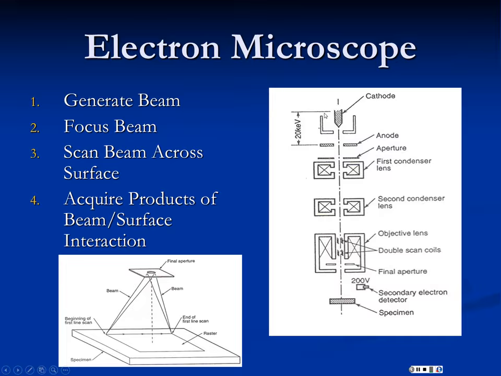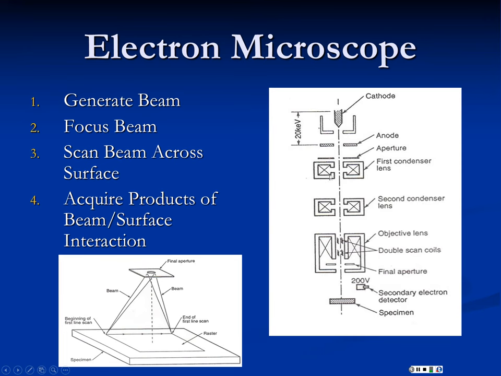Most SEMs operate between 5 keV and 25 keV. So very high energies. We accelerate those electrons through an aperture, and we get a nice stream of electrons we can play with.